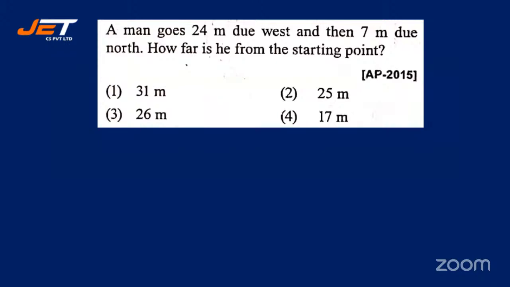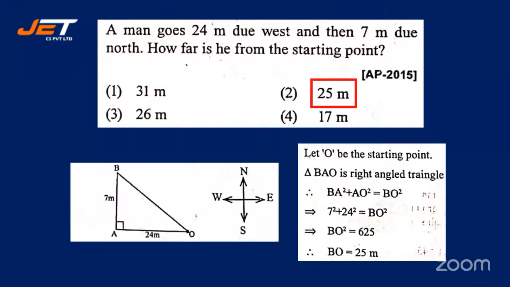Yes, see the next question. A man goes 24 meter due west and then 7 meter due north. How far is he from the starting point? Yes, you can see here that the distance is 24 meter and this is west and then 7 meter north, that is towards up.